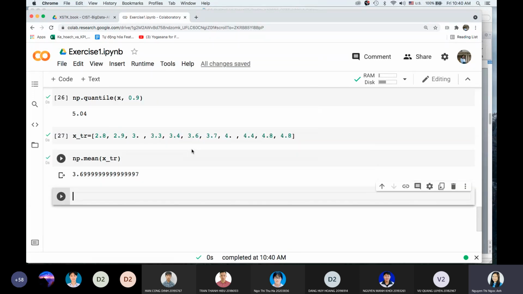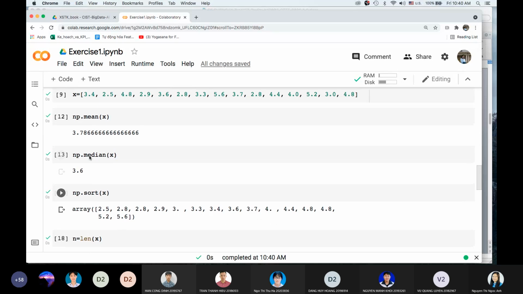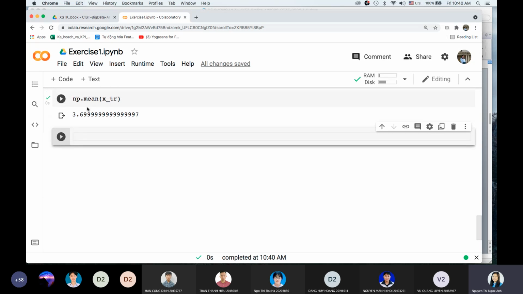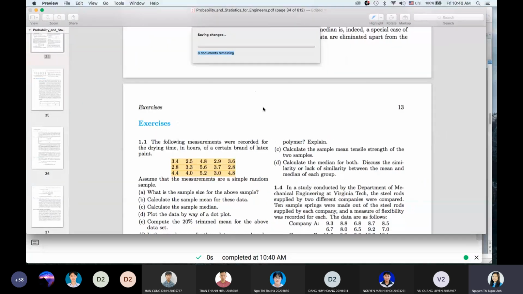Here is the 10% trimmed mean. What is the difference from here? Here it is 3.78, and here it is nearly 3.7. So now about the theory and practice, could you understand?